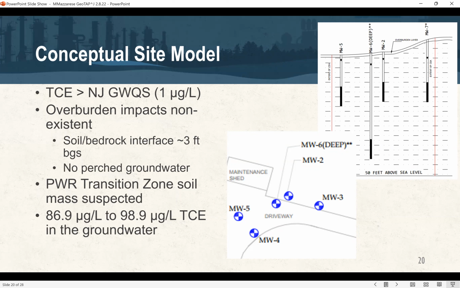That soil-bedrock interface was very shallow, approximately 3 feet BGS. It was suspected going in that the partially weathered rock transition zone was really holding up that mass, and it had about 87 to about 100 micrograms per liter of TCE in groundwater.